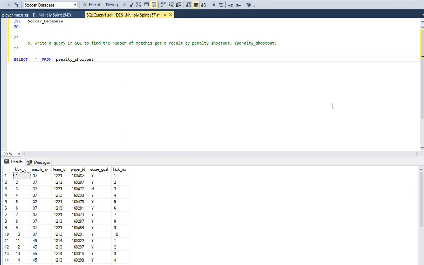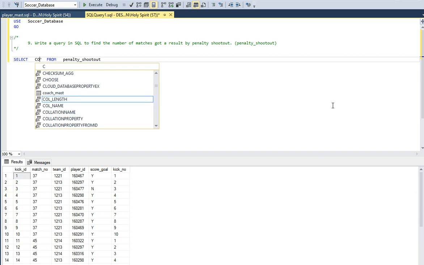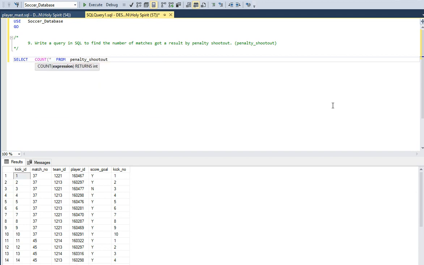So all we have to do is count all of them. Count, but here we can see the matches like 37 repeated several times, so we can't take all of them. Just once we have to take each one.